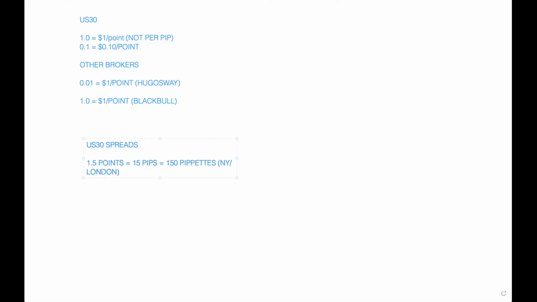Other times of the day, my spread will increase, and sometimes it'll say 270. Other times it might even say 380. So when you see these big numbers, the 150 or the 270 or the 380, you need to divide this by 100, or move the decimal two places to the left to get it in points.